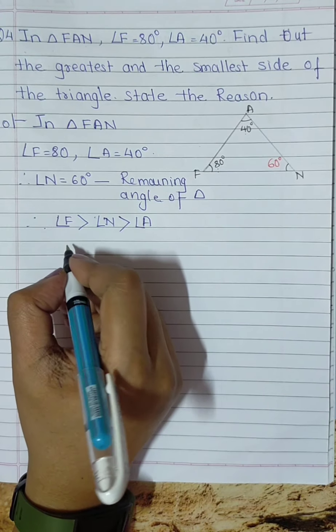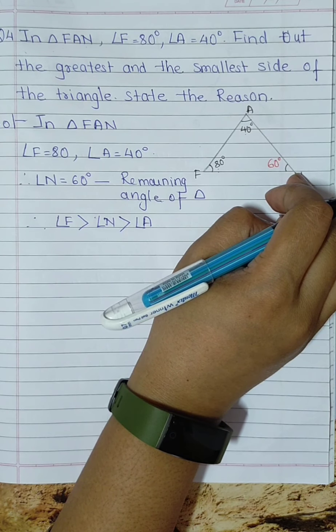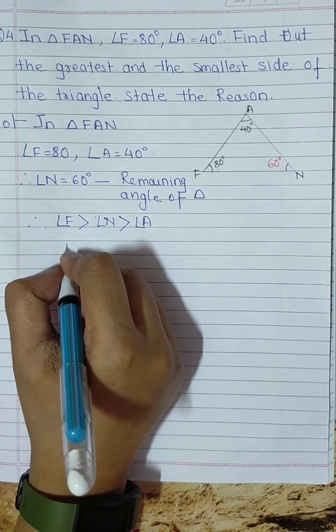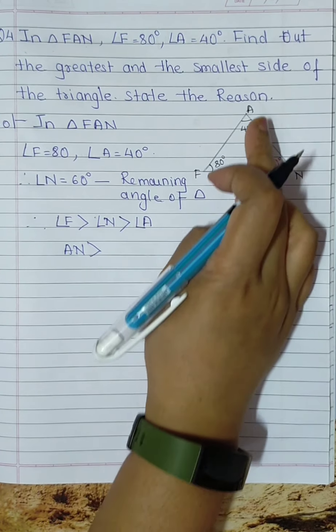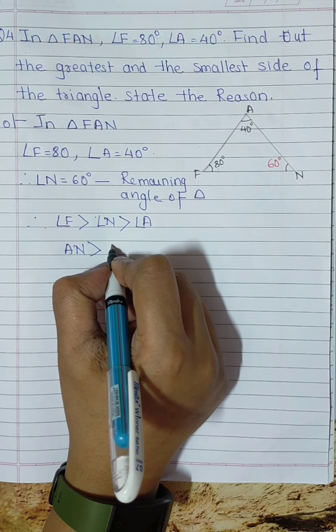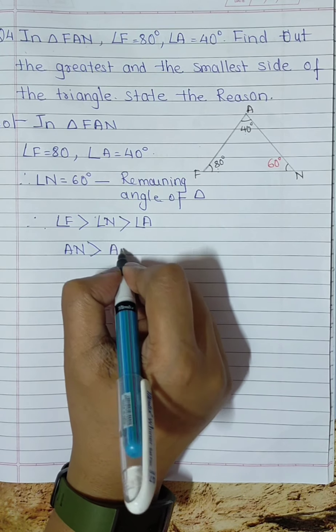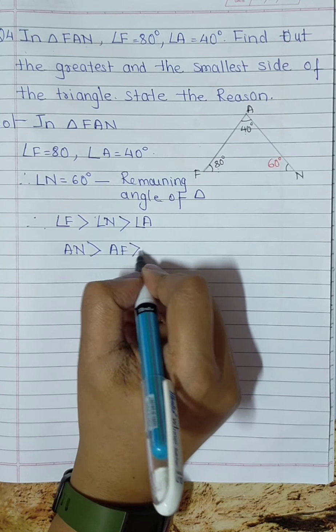Now therefore we can write AN is greater than AF and AF is greater than FN.